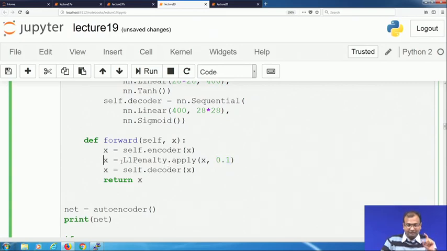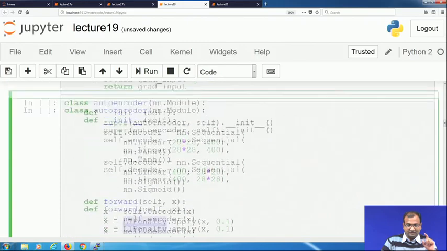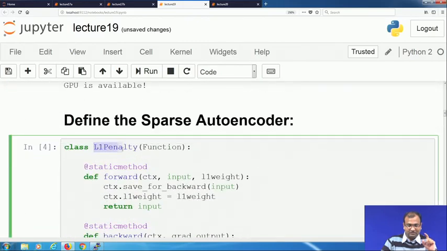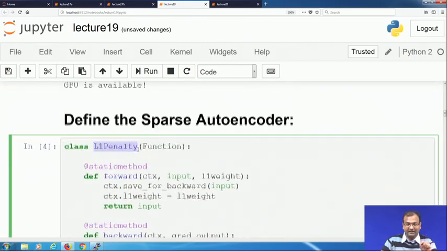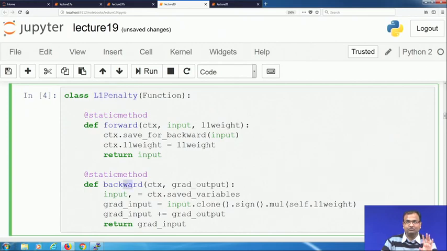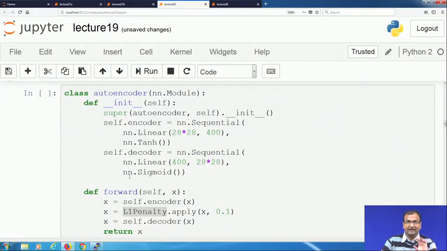This L1 penalty is a function which has been defined earlier, and I have defined both my forward and my backward definitions for this particular new layer which we are proposing for the first time. So you can use this as a standard definition for proposing any newer kind of layer architecture as well. Maybe you come up with your own neural layer architectures at any point of time, and you can use a separate function for defining that.